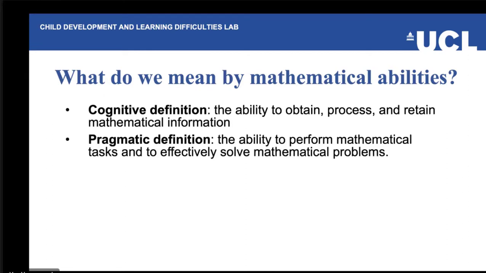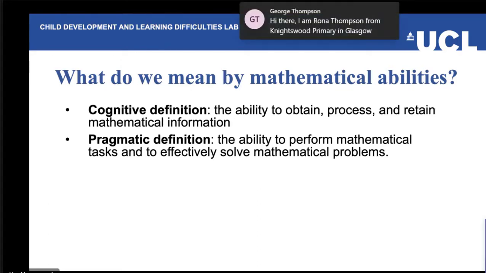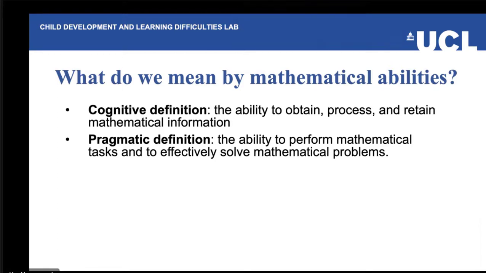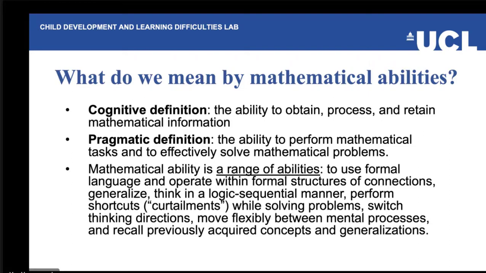But we also can think of it more as a pragmatic definition, where we look at the ability to perform mathematical tasks and effectively solve mathematical problems. And the two I probably will be using a little bit interchangeably. So we're talking about all the things that children need to know, need to do in order to process, in order to perform or solve mathematical problems.